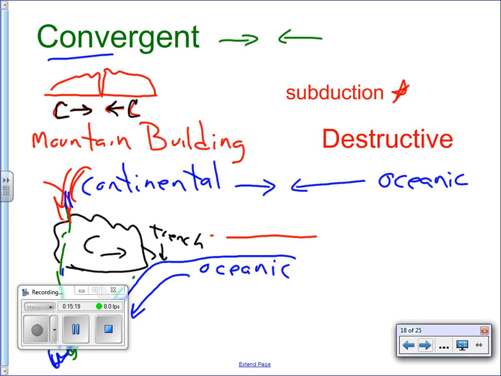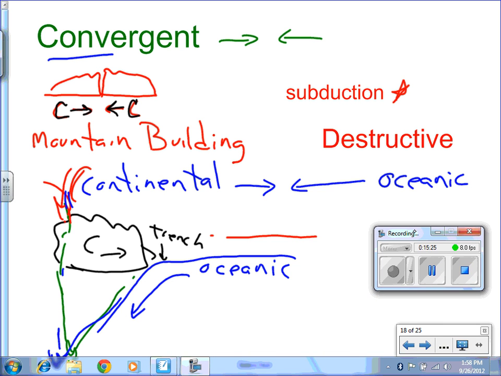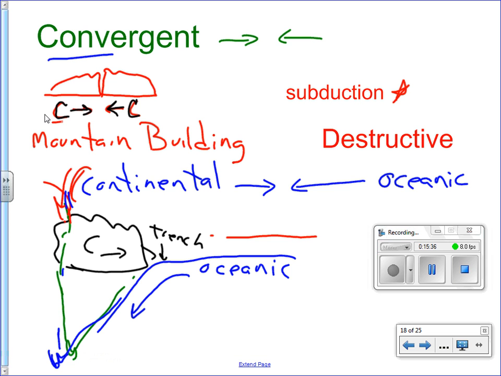Secondly, the convergent boundary. You can have, again, a couple subsets of this convergent boundary. First of all, you can have continental crust crashing into more continental. So continental crust, moving into each other.